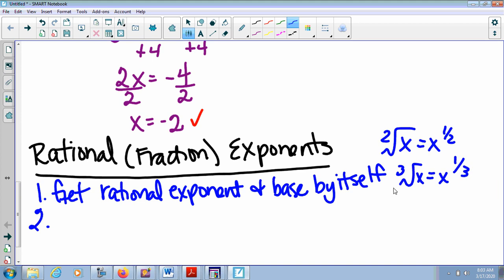So when we got rid of something that was a cubed root, we raised it to the third. To get rid of something that was a square root, we raised it to the second. And when we raise it to those powers, if I raise this to the second power, 1/2 times 2 is just 1. So those will cancel out, and it's x to the first, and that's what we want to see.